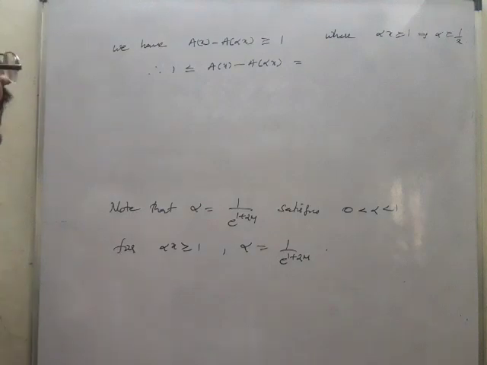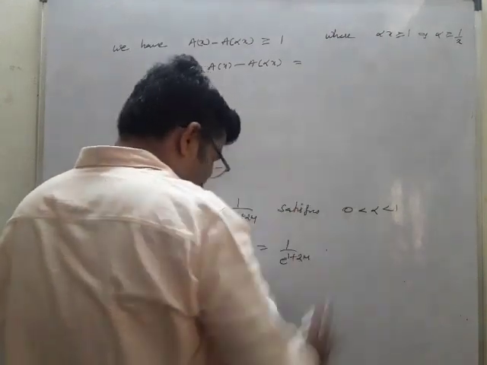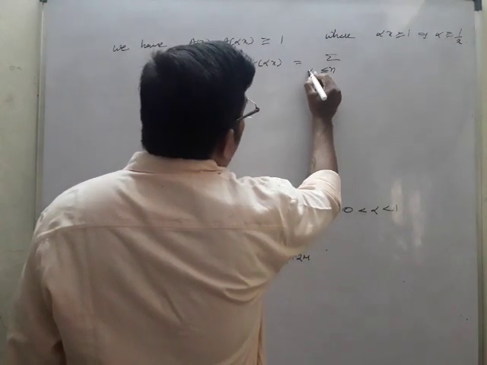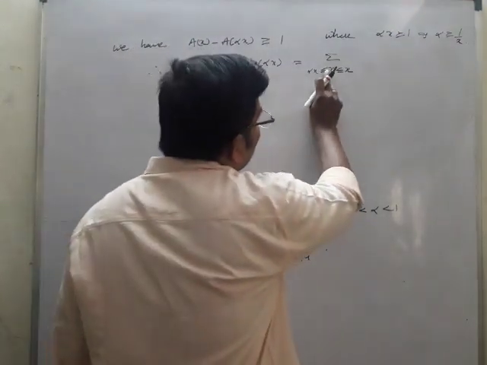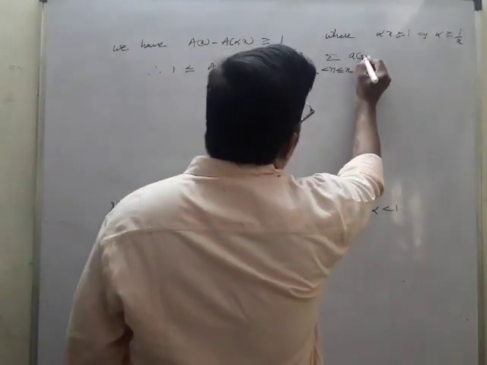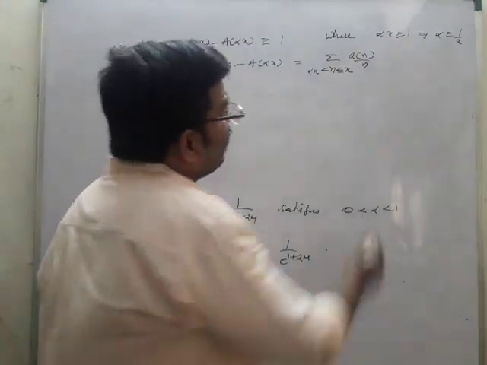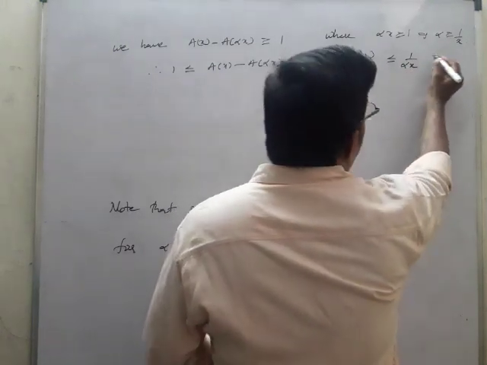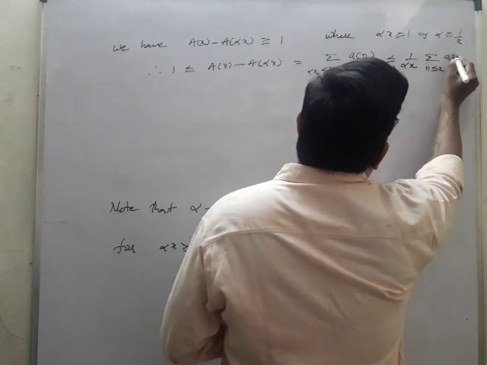So a of x minus a of alpha x. Now we should find out the value of a of x. I may take this in the form of summation over n greater than alpha x and less than or equal to x of a of n by n, which is less than or equal to 1 by alpha x times the summation over n less than or equal to x of a of n.